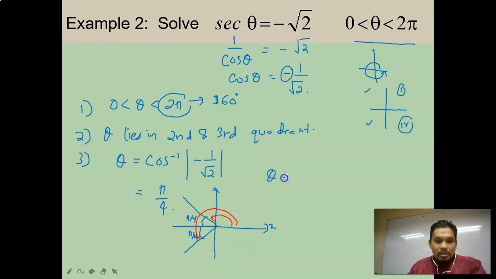So theta equals pi minus pi over 4, which gives you the first one here. And then pi, which is 180, plus pi over 4. So it now becomes 3 pi over 4, and also 5 pi over 4.